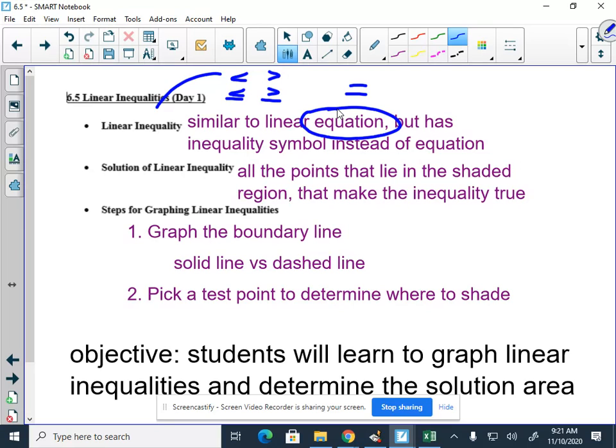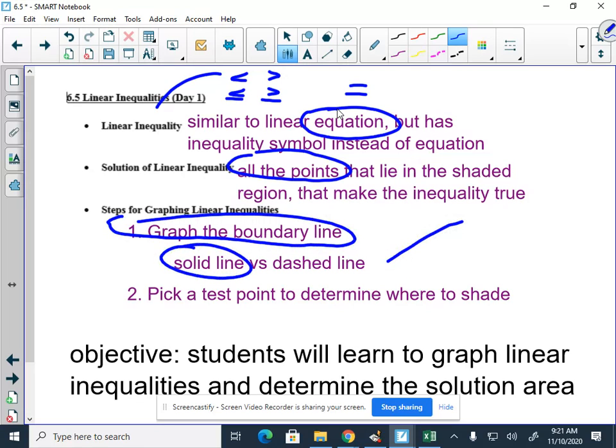The solution is all the points instead of just a line. The solution to an equation is often one number, or if we graph a line, it can be any point on the line, but here it's going to be a lot of different ones. So the different steps: we're always going to graph the boundary line, and we have to decide, is it going to be a solid line like this, or a dashed line?